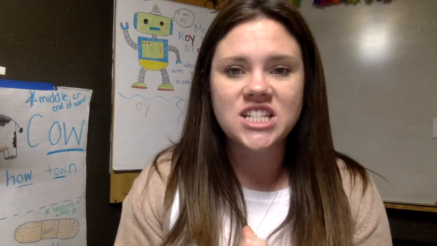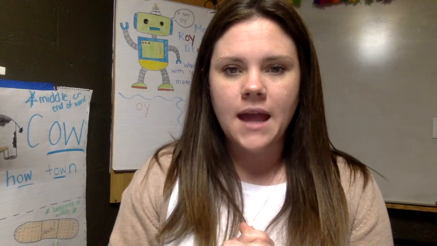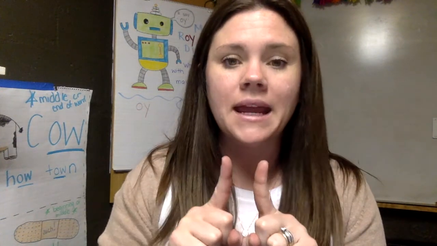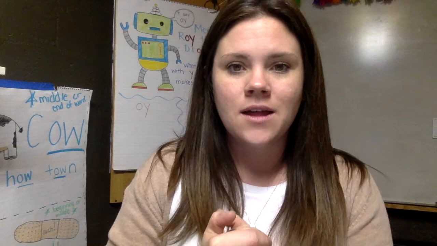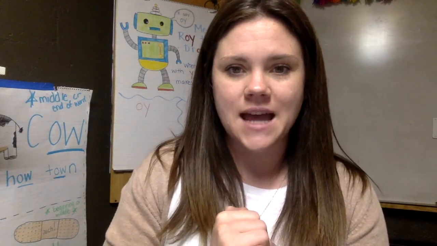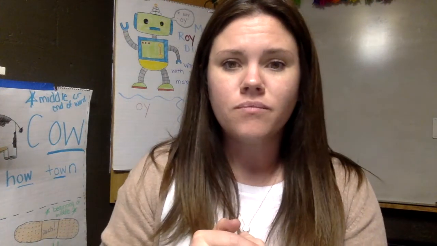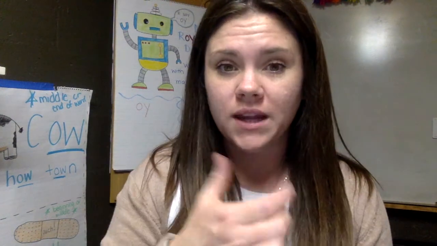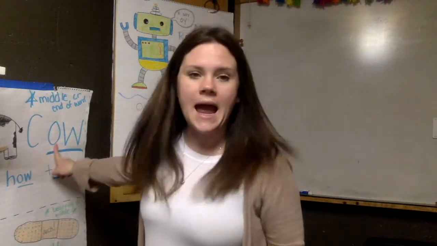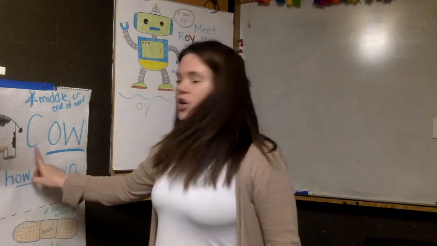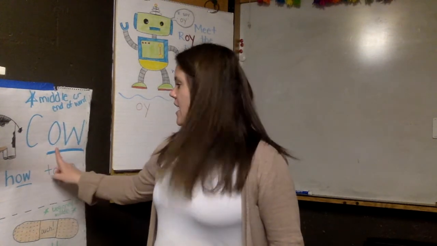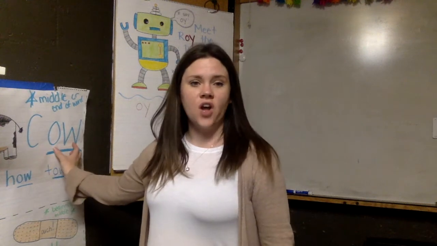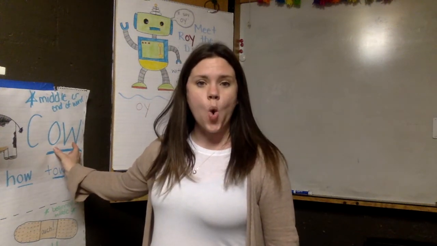So sometimes those consonants can act as vowels. What's tricky about our diphthongs is that it's two letters making a new sound. The way it's different from a digraph is that a digraph makes one sound, while a diphthong makes a moving sound. One sound, but a moving sound. We hear in cow, C says k, k, k, and the ow, that diphthong, says ow.